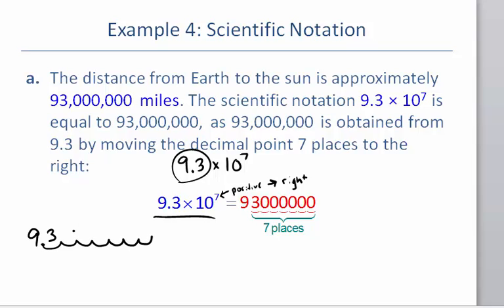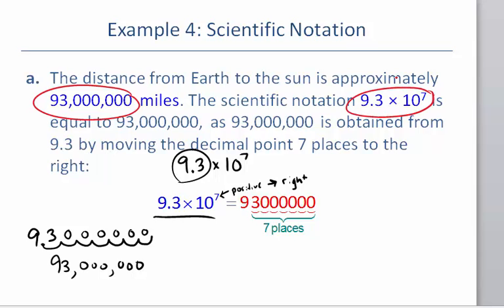In the spots that I left, I'm going to put some zeros to hold those places. And so the number that we have here is 93 million. Now we can see that 93 million is equivalent to 9.3 times 10 to the 7th in scientific notation.